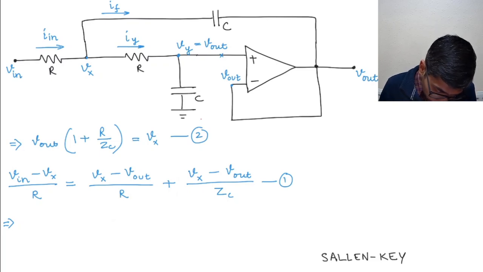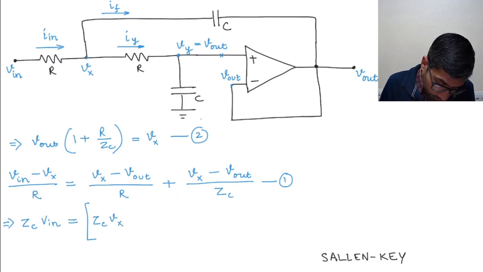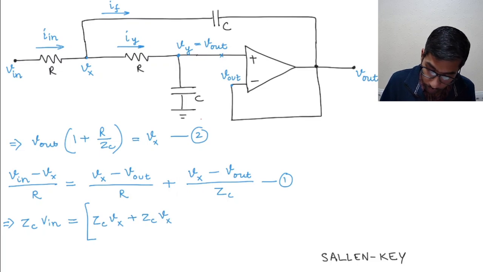Okay, so probably the first thing that we can do is we can multiply the entire equation with Zc times R. So you get Zc V in equal to, and if you look at the Vx terms, you will get Zc Vx, and again Vx over R. So that becomes again Zc Vx, and then this term here, because we have multiplied it with ZcR, this becomes RVx, right? So I can write this as plus RVx.